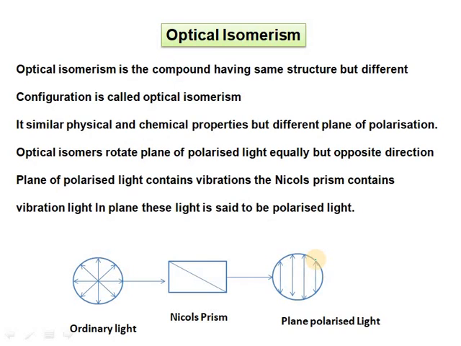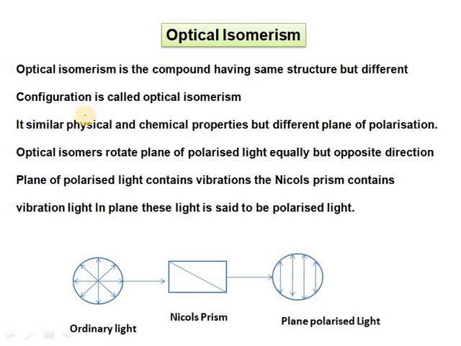Now next we discuss optical isomerism. Optical isomers have the same structures but different configurations. Because of their molecular asymmetry, the compounds rotate plane polarized light.